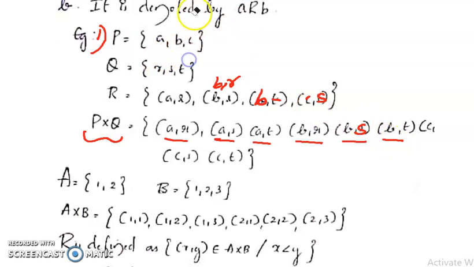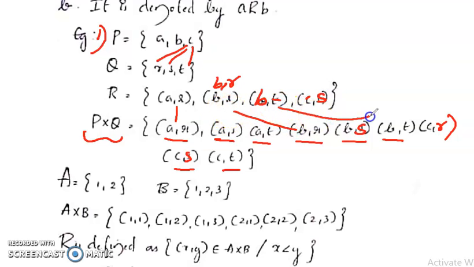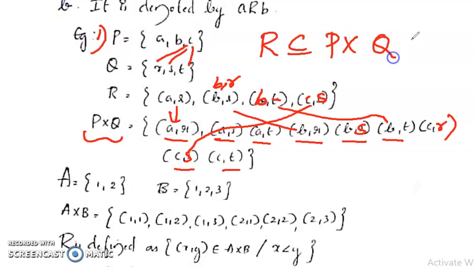Then you consider c: (c, r), (c, s), (c, t). So this is P cross Q. Then R is (a, r), (b, r), (b, t), (c, s). All the elements are here, so R is a subset of P cross Q.